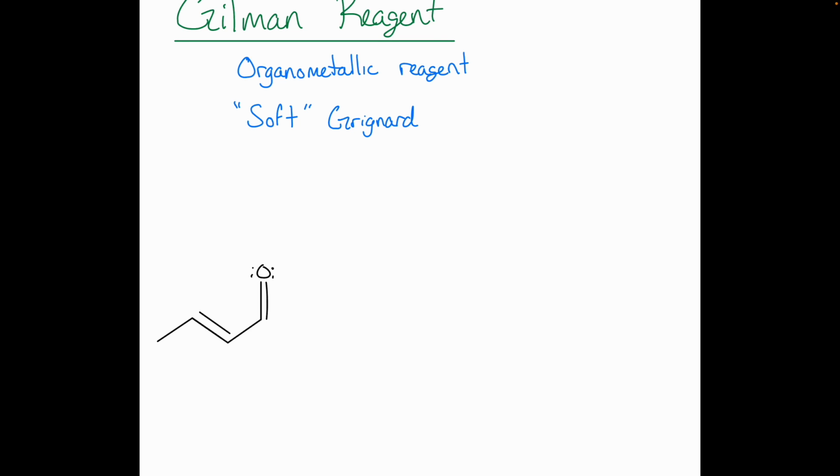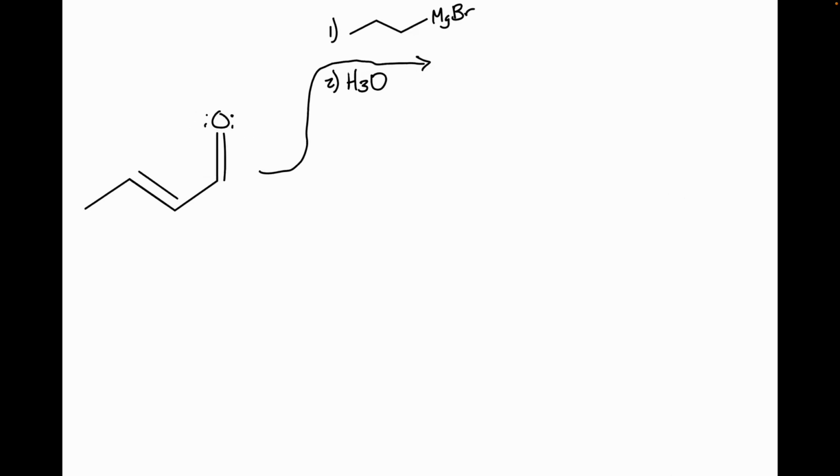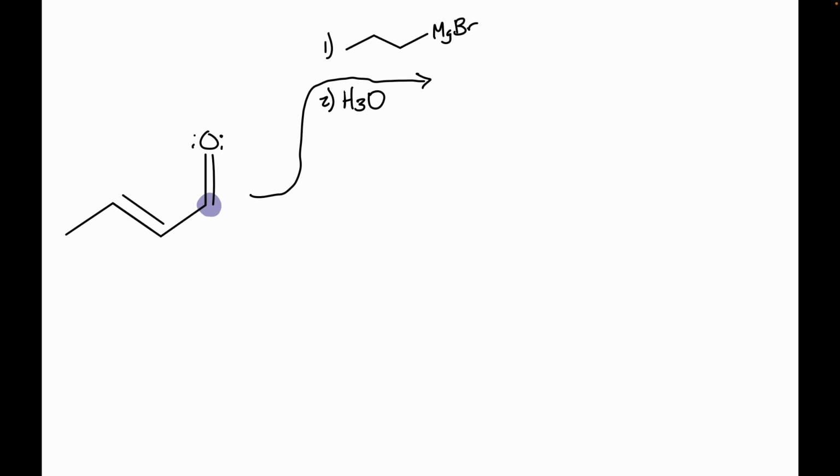And we're going to show first what happens if we add in a Grignard. That Grignard, a hard nucleophile, is going to prefer that electrophilic carbonyl carbon. So everybody take a second, draw me my product here of this reaction.